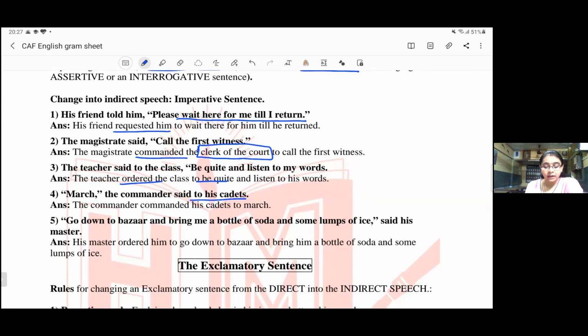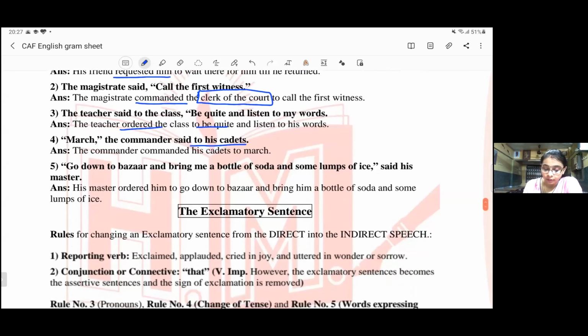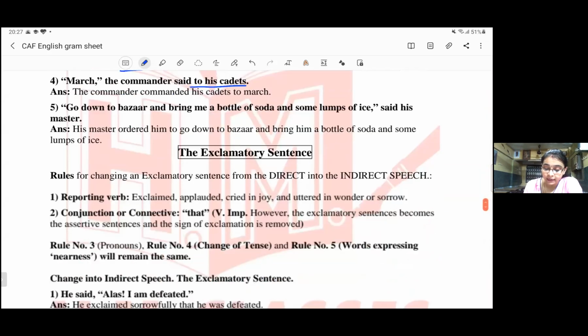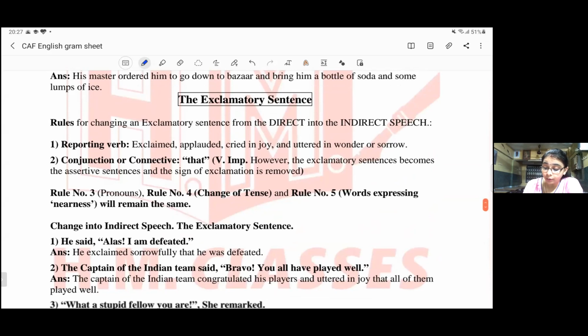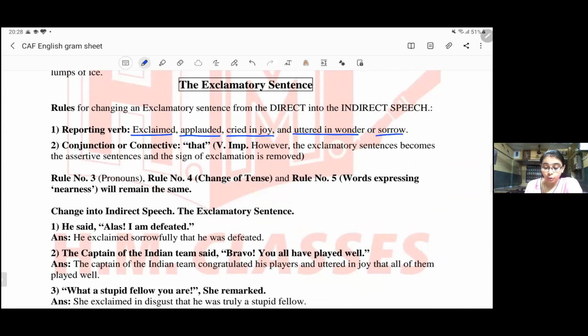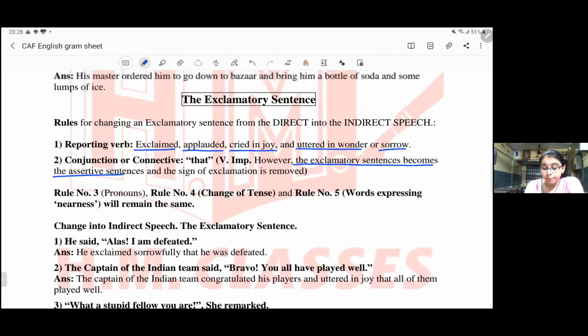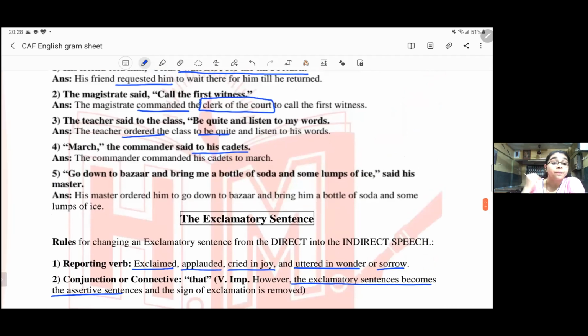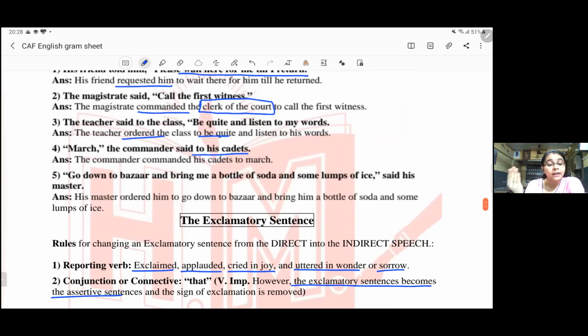Next is exclamatory. What is the reporting verb? Exclaimed, applauded, cried in joy, uttered in wonder or sorrow. Very important. However, the exclamatory sentence becomes an assertive sentence. If you see, the imperative sentence is also becoming an assertive sentence. The interrogative sentence is also becoming an assertive sentence.